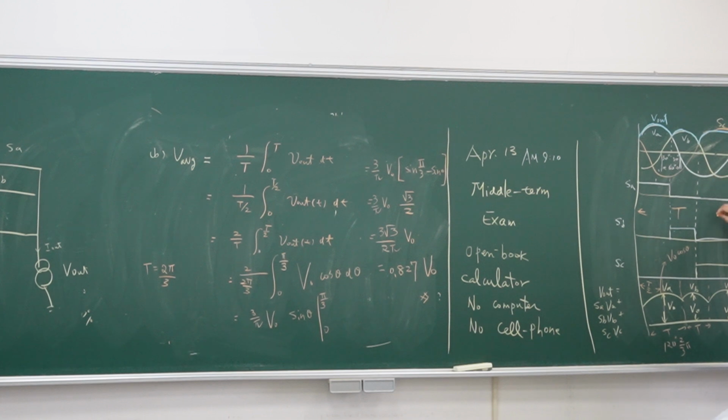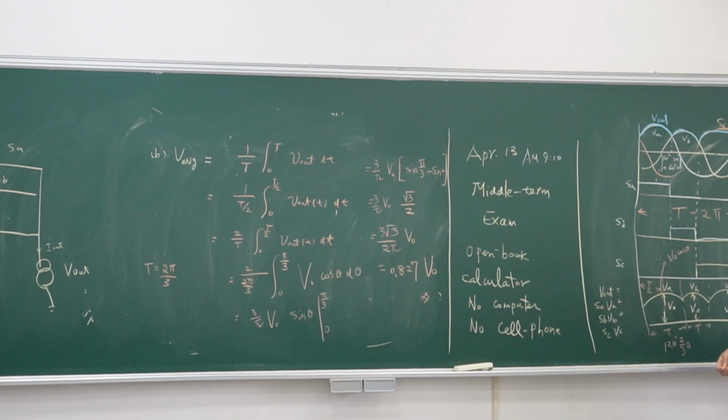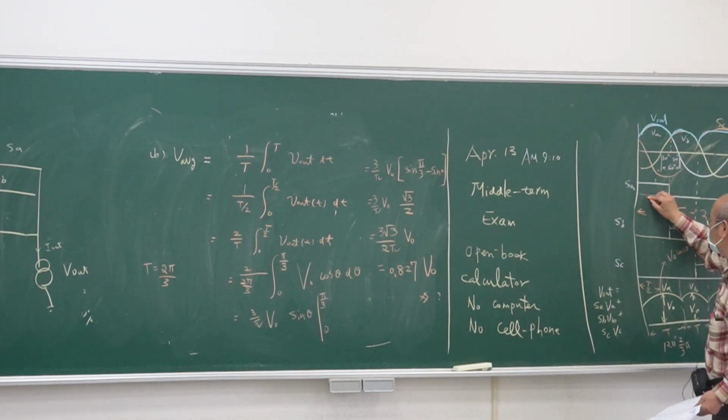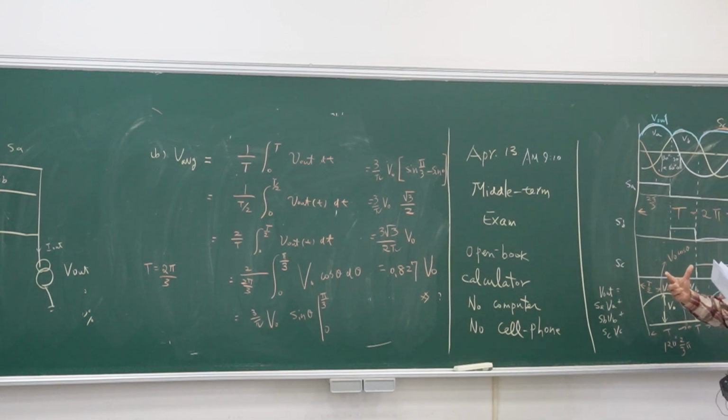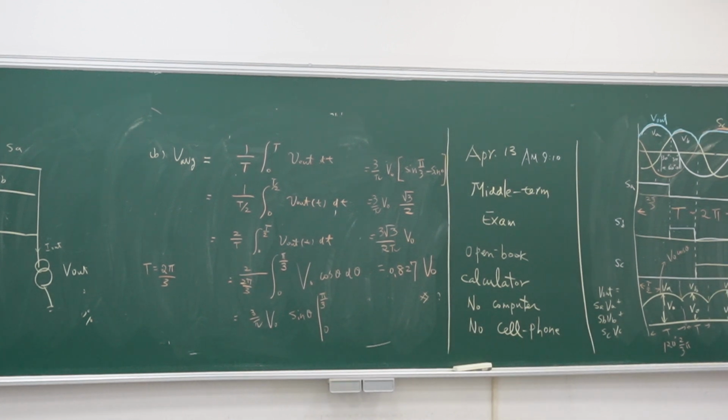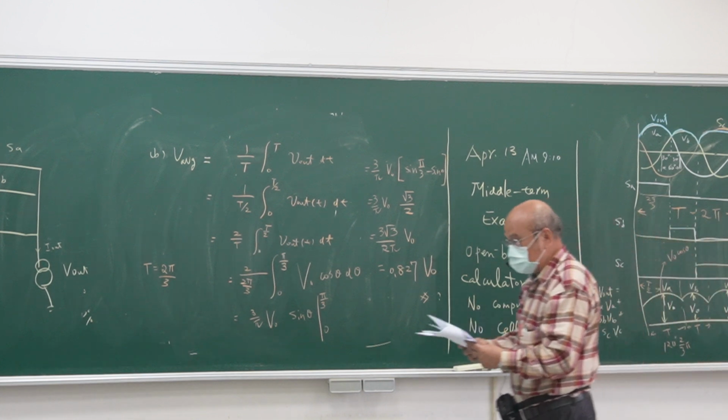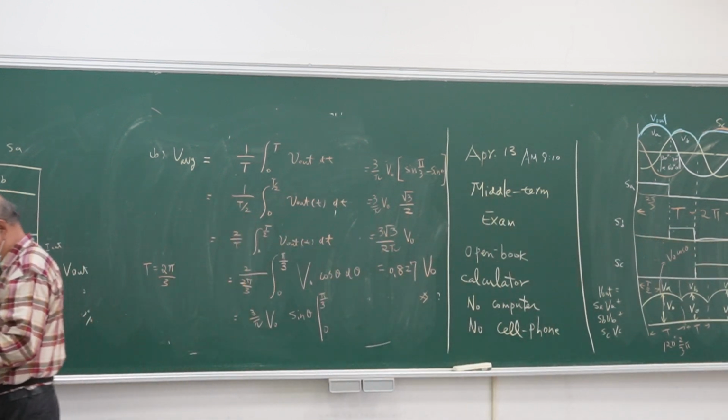This is a sine wave. For one period, it is 2 pi, but we have 3 times, so each time is 2 pi divided by 3. So you can use your eyes to identify the relationship. Do you have any question? If no question, then we finish question 2.